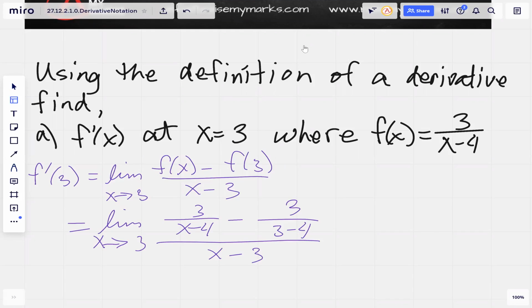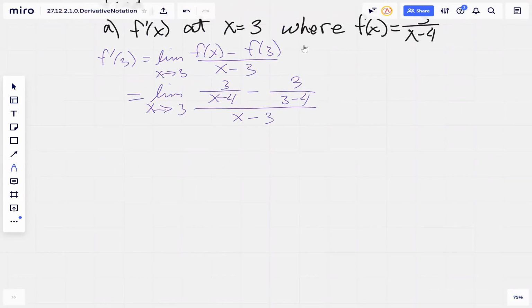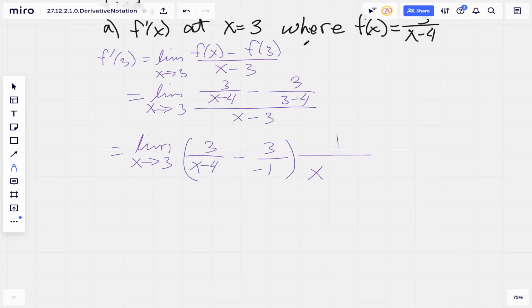Okay, so let's start simplifying. Equals limit as x approaches 3 of 3 over x minus 4 minus 3 over negative 1, times 1 over x minus 3.